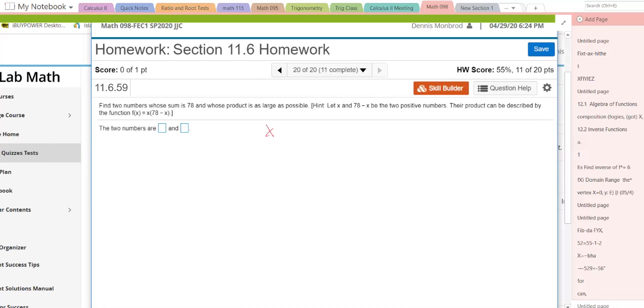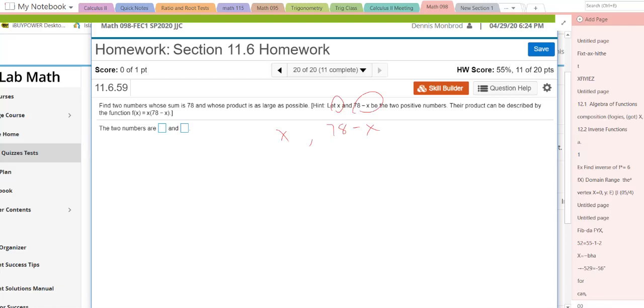They're saying let x be equal to... no, I got that backwards. Let's say x and 78 minus x. Anything where the two numbers add up to 78 would work. You could have changed some signs around and done something with this if you wanted to.